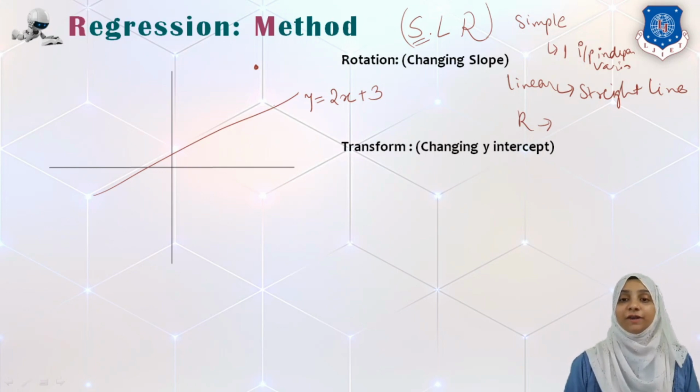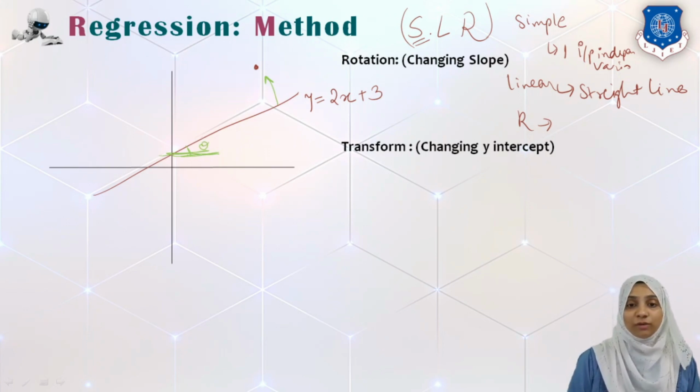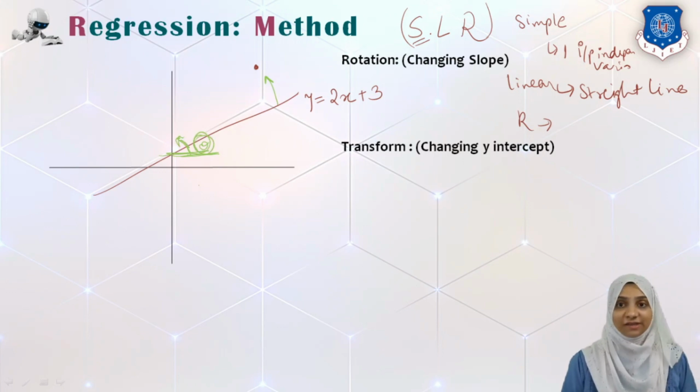Now, in order to fit a line to this point, we must rotate this line anti-clockwise. What do we mean by rotating a line anti-clockwise? If I draw a line parallel to the x-axis, this theta is nothing but our slope. If I want to rotate this line anti-clockwise, I am interested in increasing this theta value.